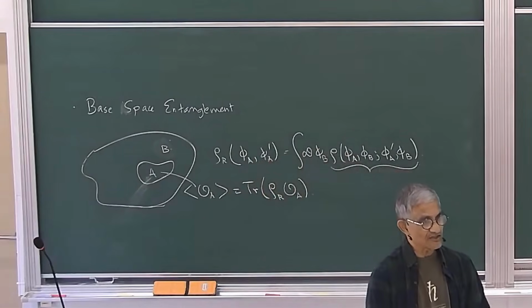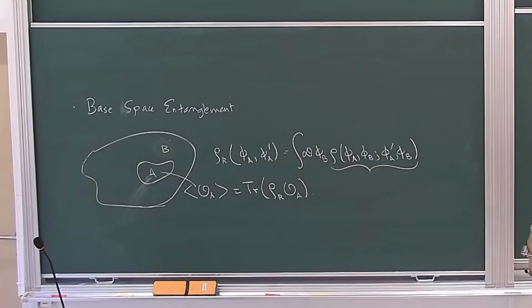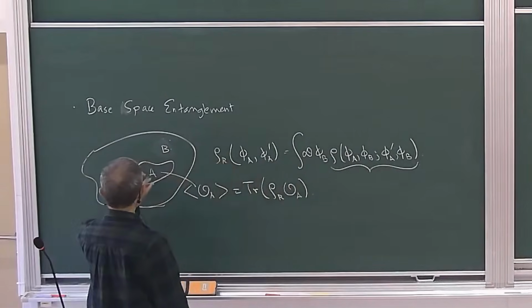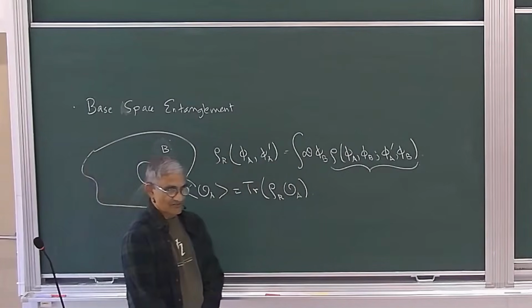And of course, in relativistic quantum field theory, this object is divergent. We understand why it is divergent. It's divergent because of very short distance correlations which are across the boundary.